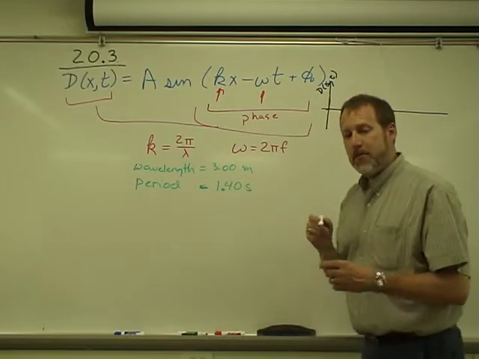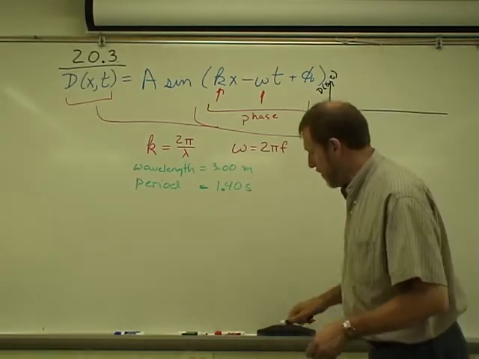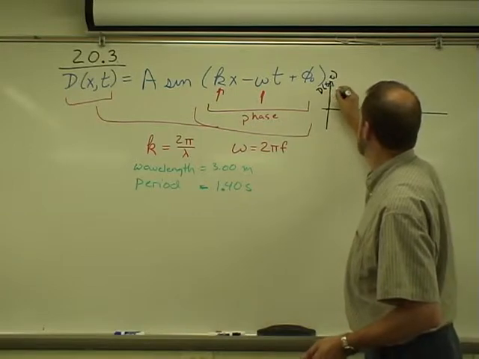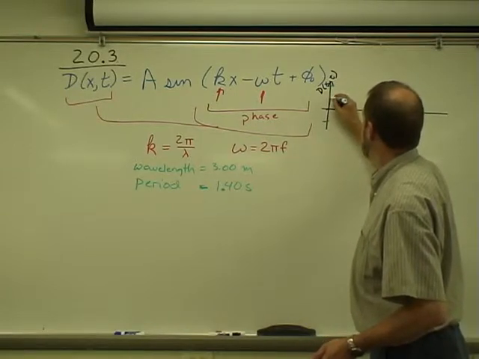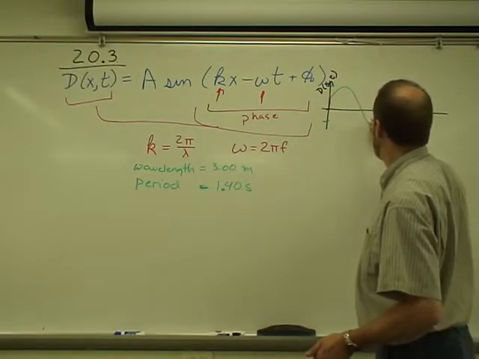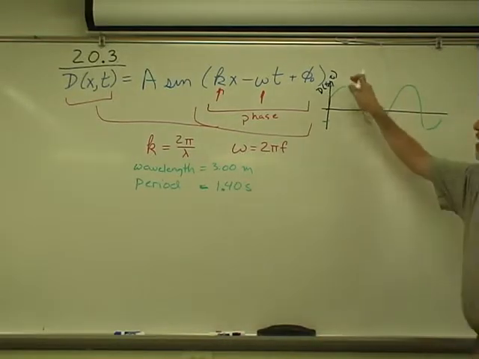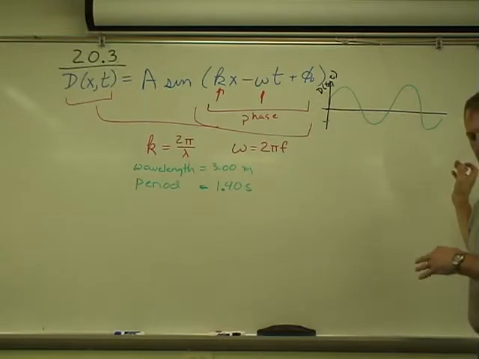And I happen to define my starting time such that when the camera started running, for whatever reason, I started at a point where I couldn't just use straight out sine or cosine.